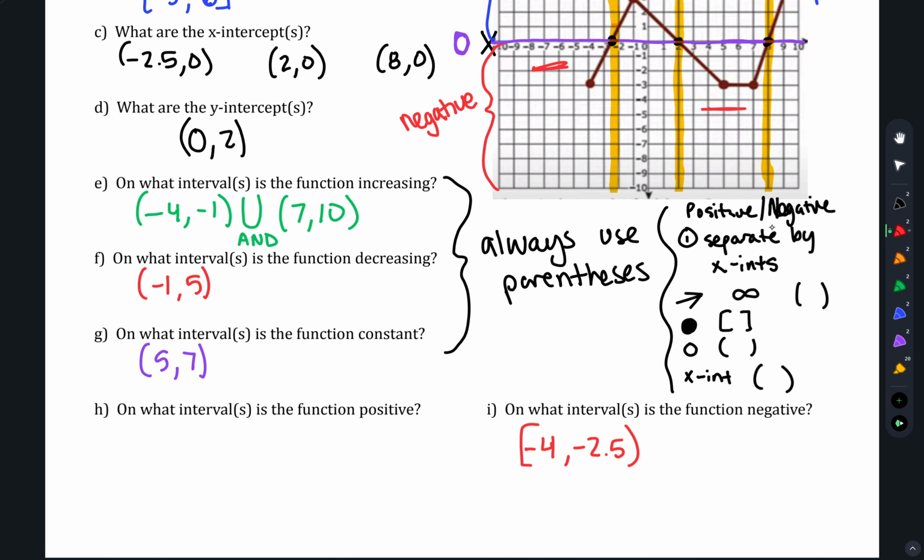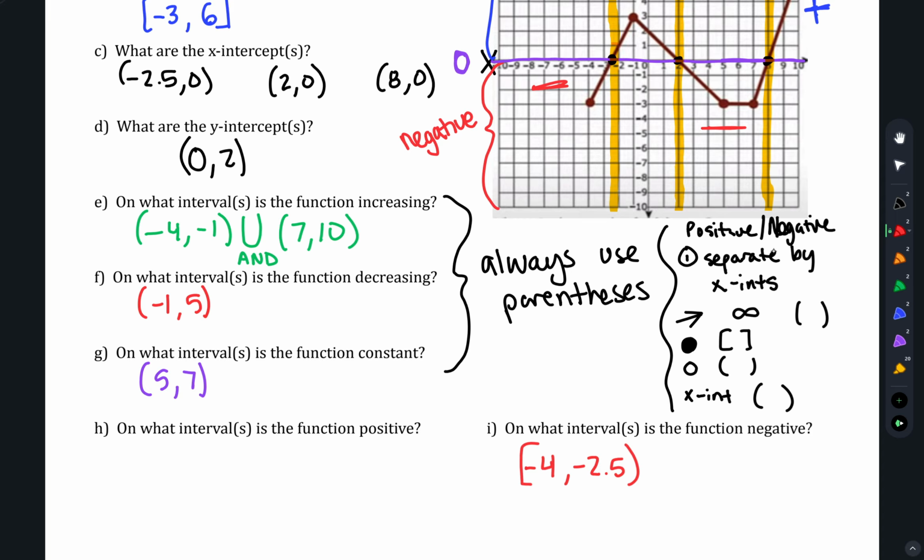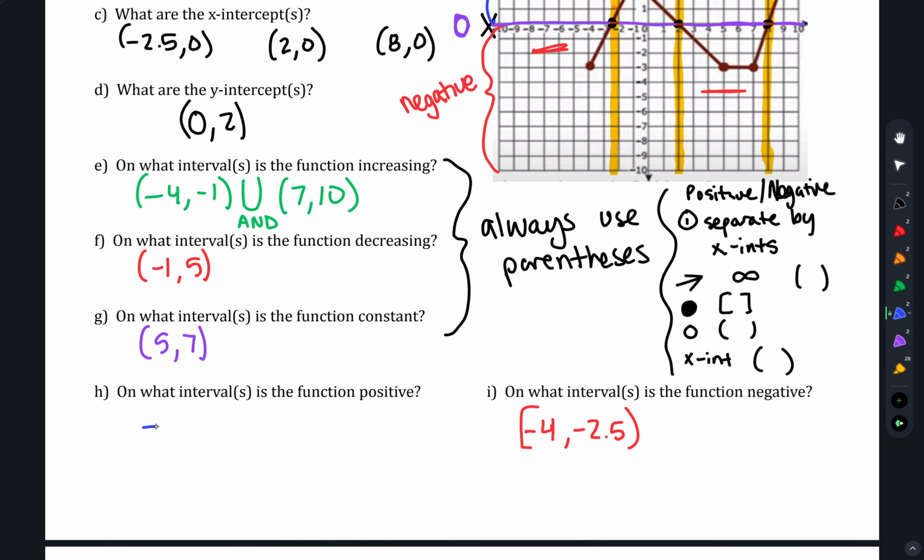Okay. The next section I'm looking at is this guy up here. It's going to go positive. So I'm going to go from -2.5 to 2. Brackets or parentheses? Parentheses. Why? Because they're both x-intercepts. The next section right here, I'm negative again. So from 2 to 8, I want a negative.